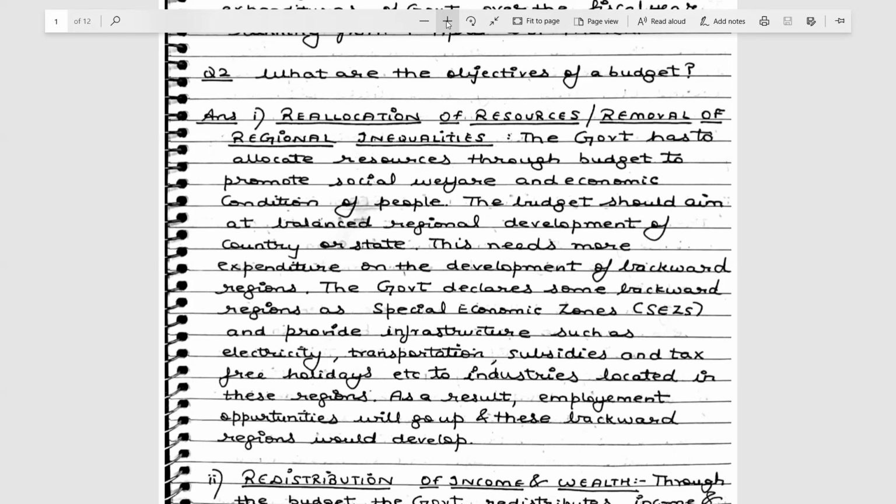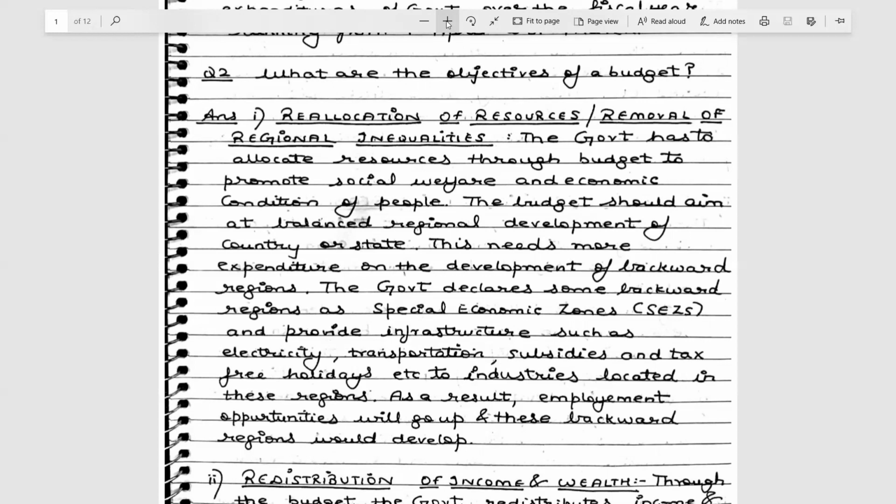The government declares some backward regions as special economic zones and provides infrastructure such as electricity, transportation, subsidies, and tax-free holidays to industries located in these regions.